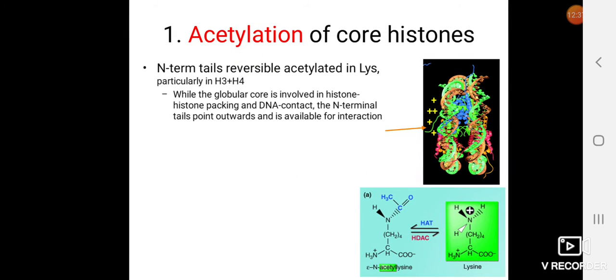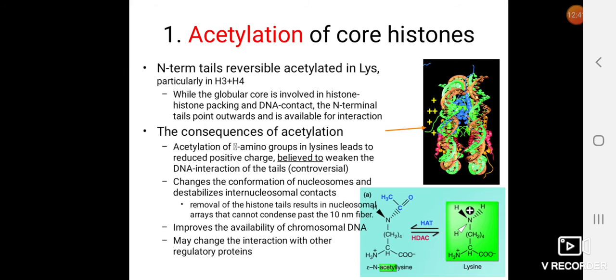Acetylation generally happens to lysine amino acids, and the N-terminal tails of these histones get reversibly acetylated, particularly of H3 and H4. The consequence of acetylation is that it changes the lysine and leads to a reduction in the positive charge.